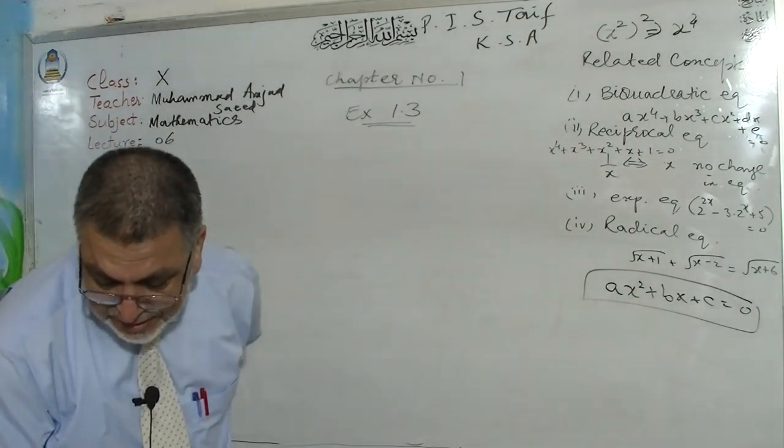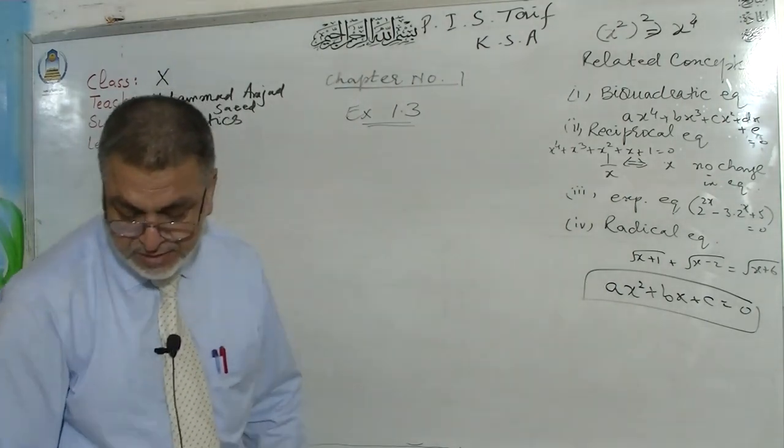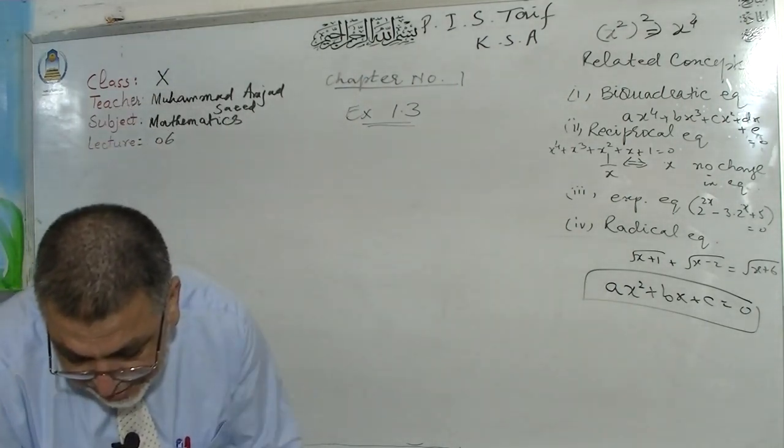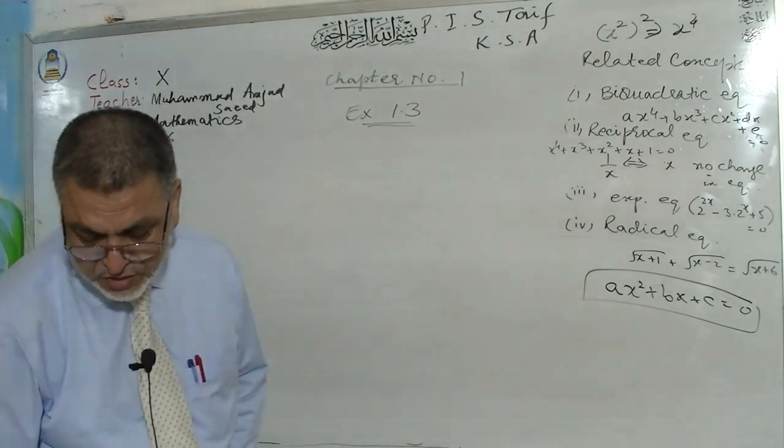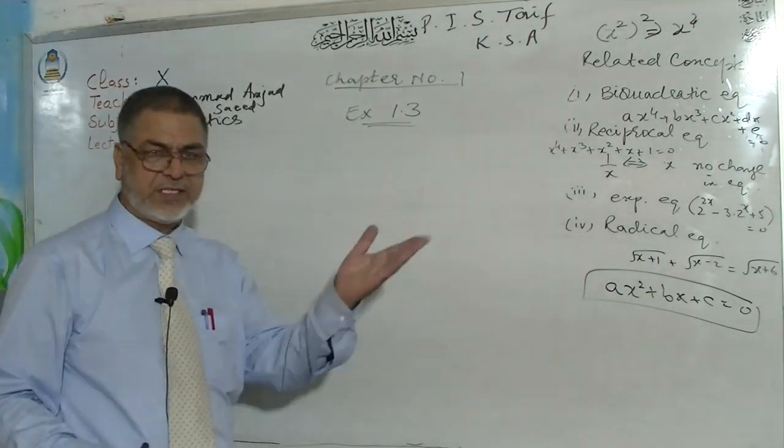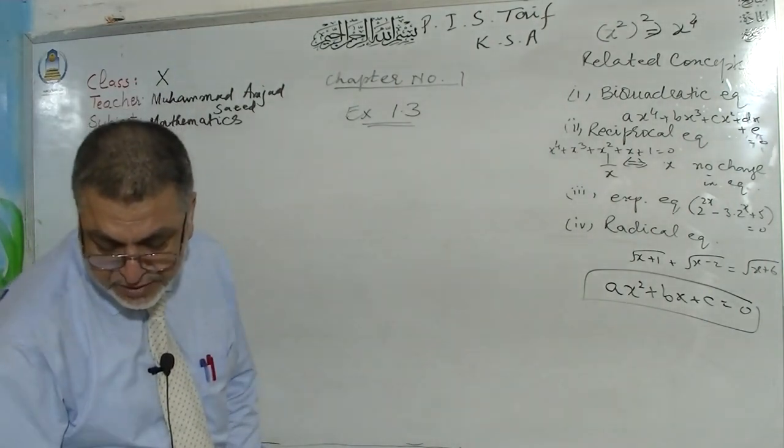This is basically an exponential equation. But it can be written in the form of a radical sign also, because x power 1 over 2 is under root x. But we don't use this one.